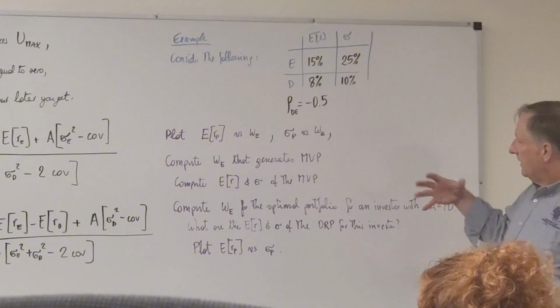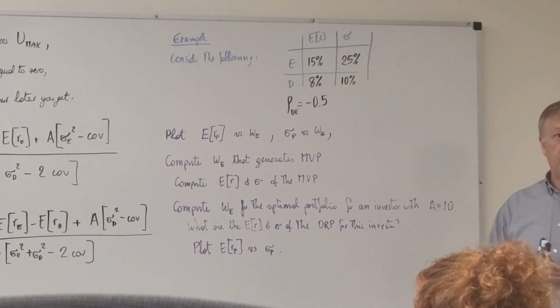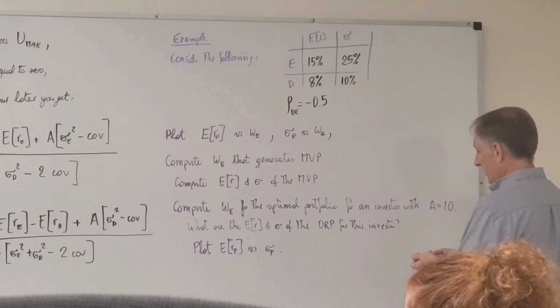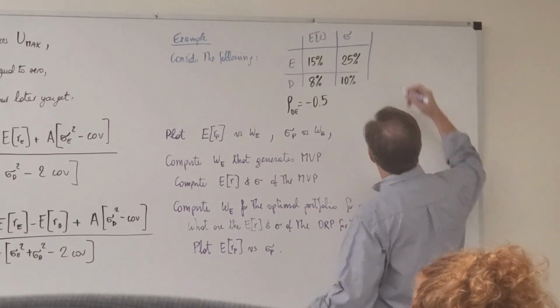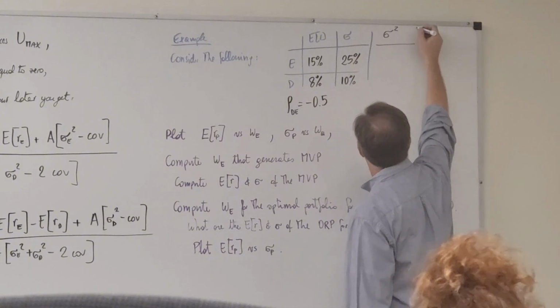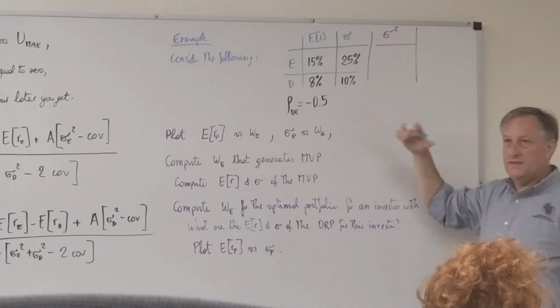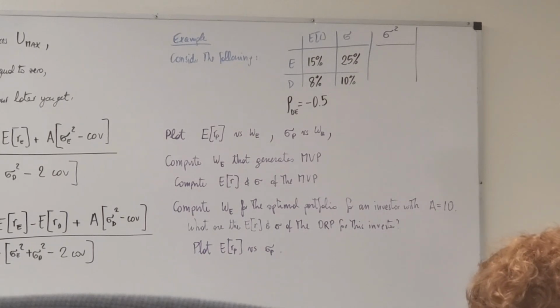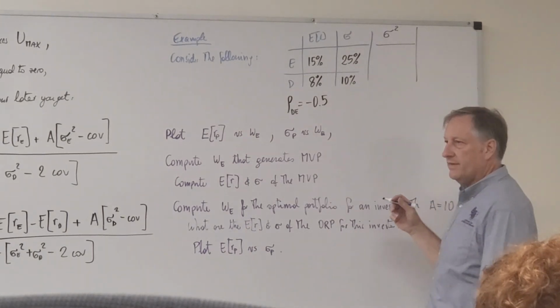So if you want to do this problem in a relatively fast way, I would actually calculate in here sigma squared. Instead of recalculating these every time, I can just put the squared value in the formula. So 25 squared is 625?